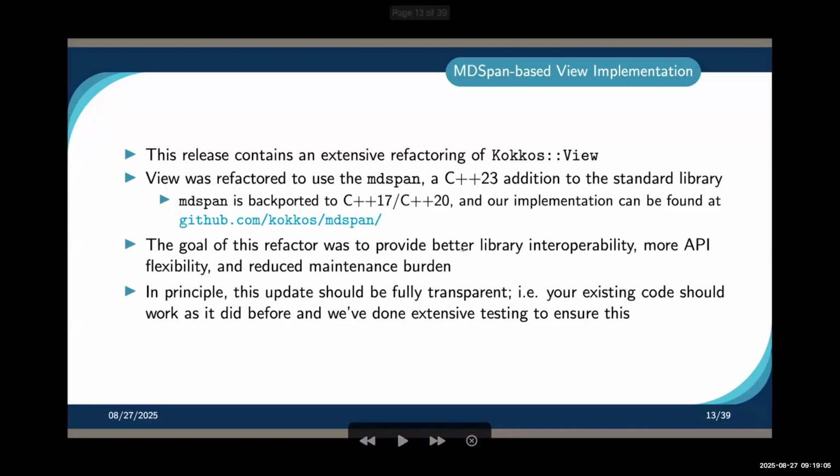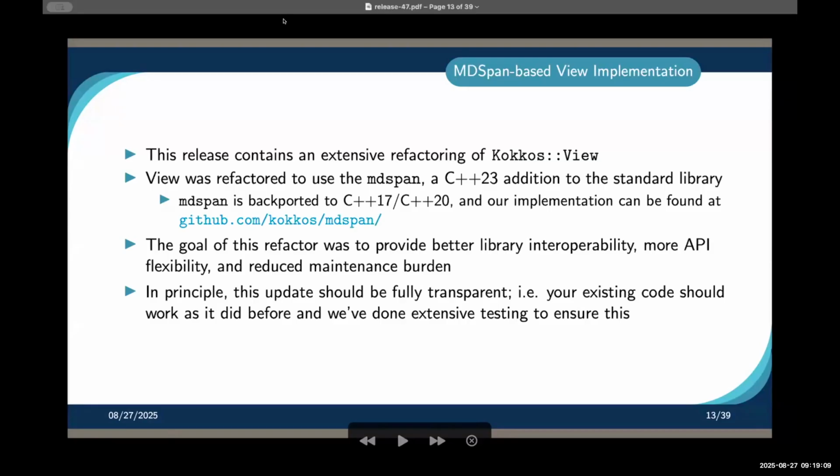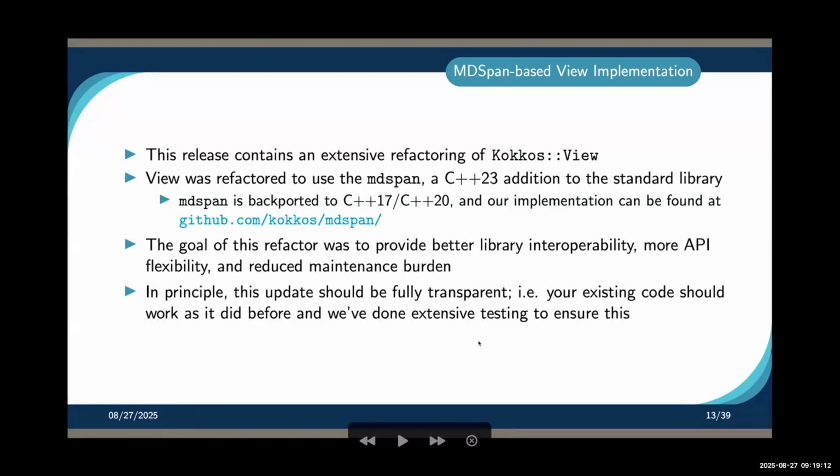So I'll talk about a couple of new features. In this release, we spent a lot of effort on refactoring Kokkos View. The main idea is View was refactored to use C++23's mdspan.